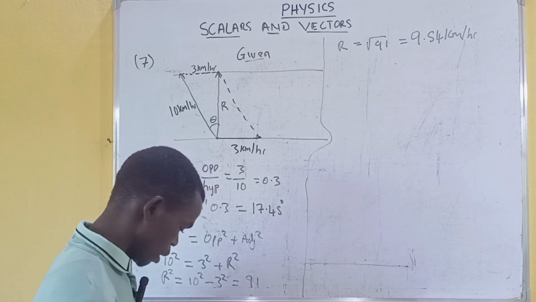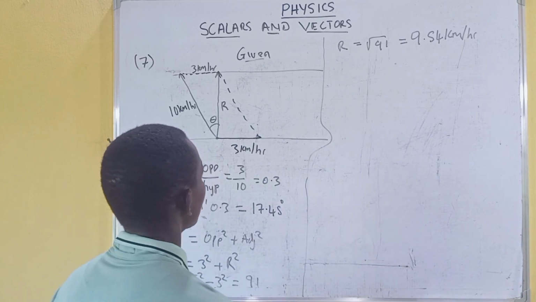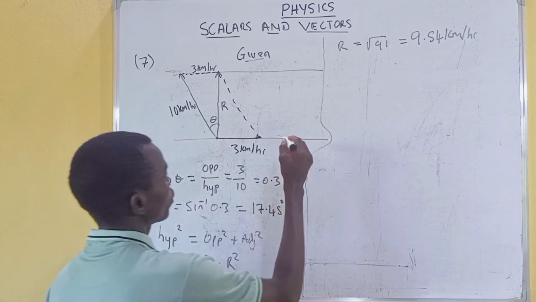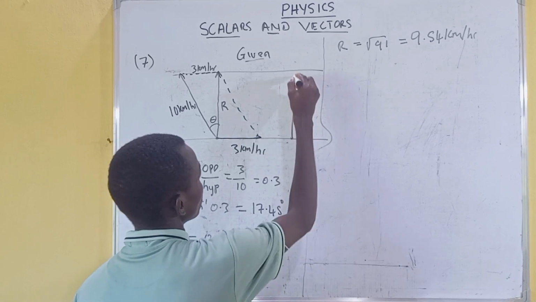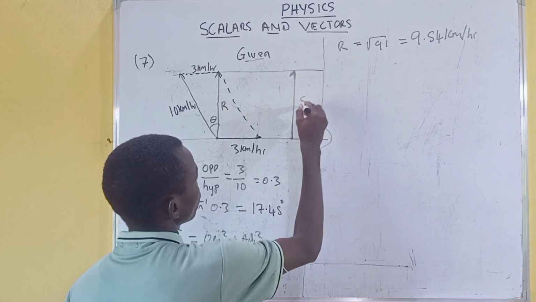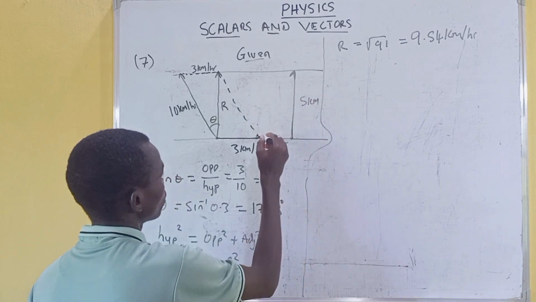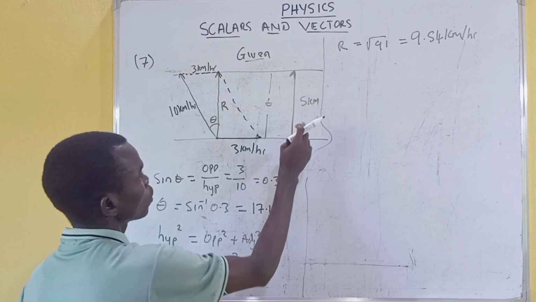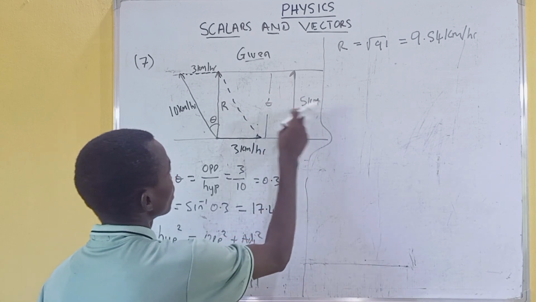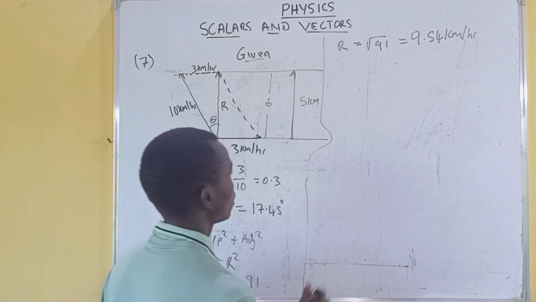Question 2, we are asked to find the time taken to cross the river. From here, we have the other vector, the displacement vector, which is 5 kilometer. To get our time from this starting point to this point, we use the displacement and the velocity, which is equal to the horizontal velocity.